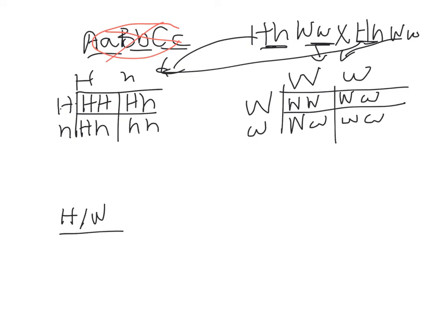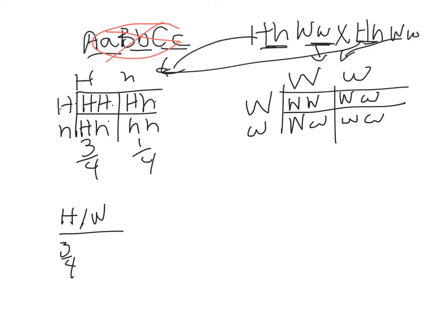And if you look and you count, you've got 1, 2, 3 with Hitchhiker's thumb out of 4, right? And you have only 1 out of 4 with a straight thumb. So to find the Hitchhiker's thumb, you've got 3 out of 4 here.